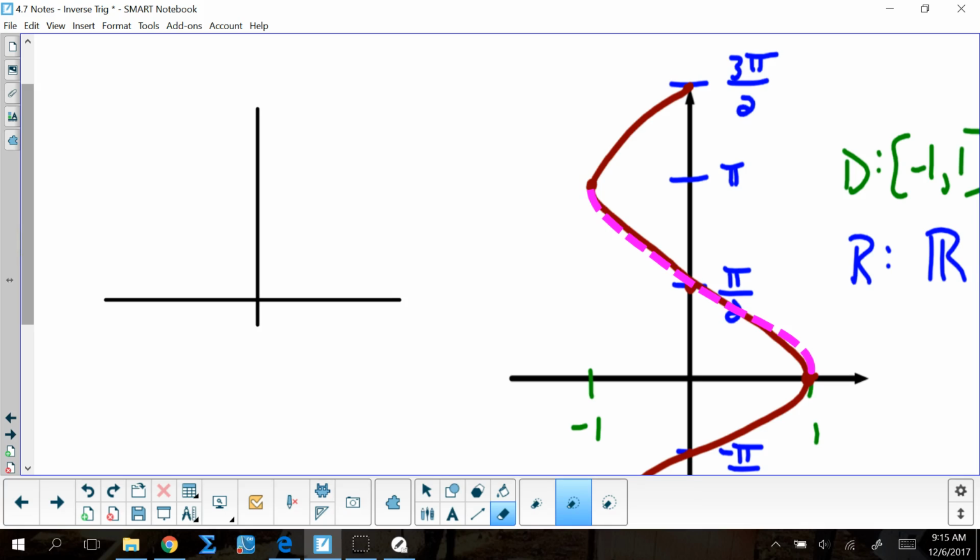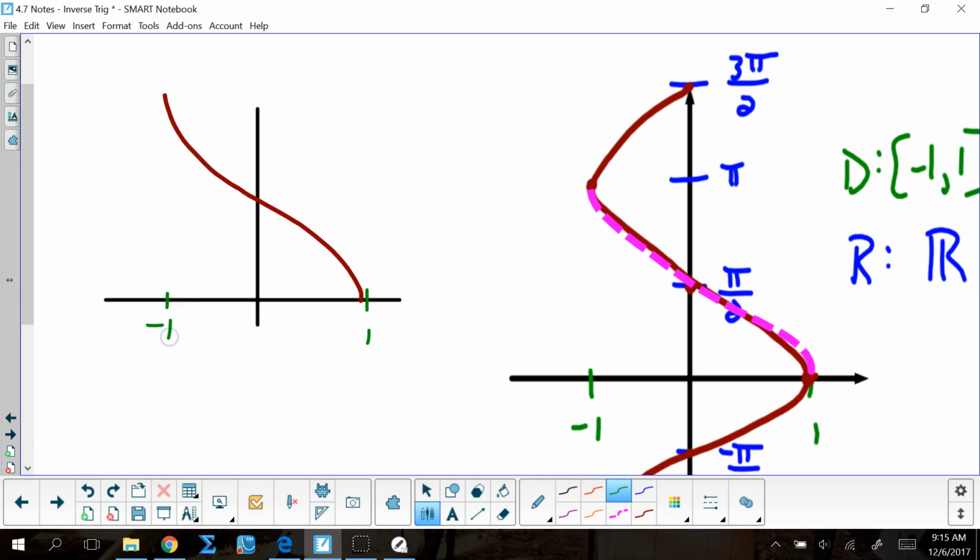All right, so let's put that on here then. Let's just talk about it. So I go from 1 to negative 1, and I go from 0 to pi.